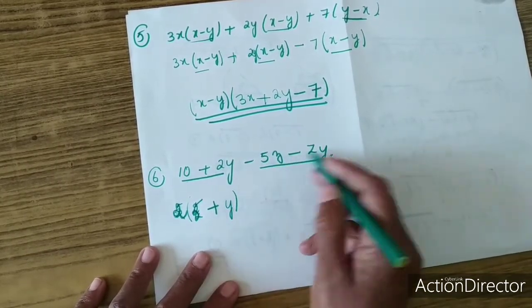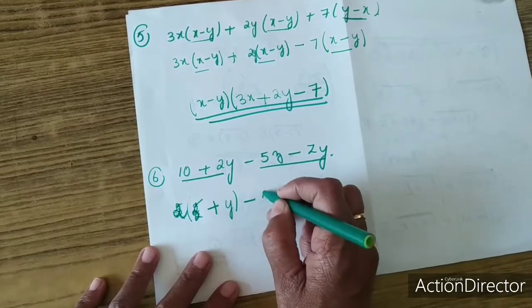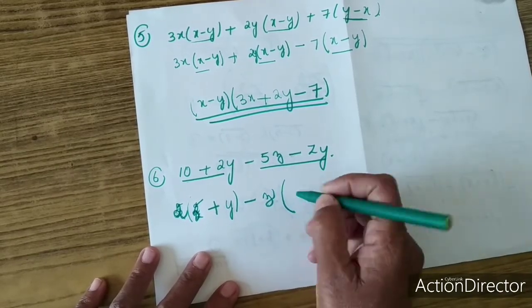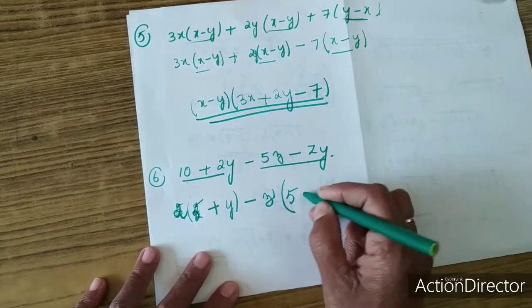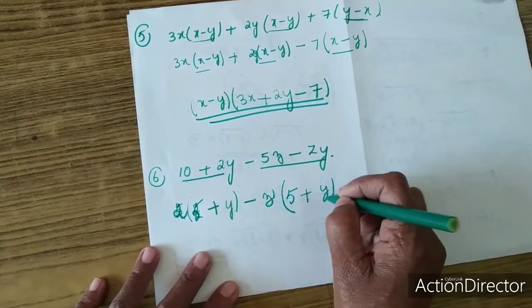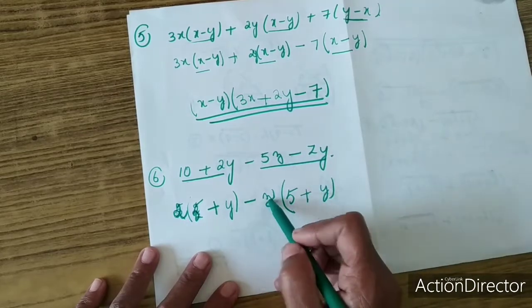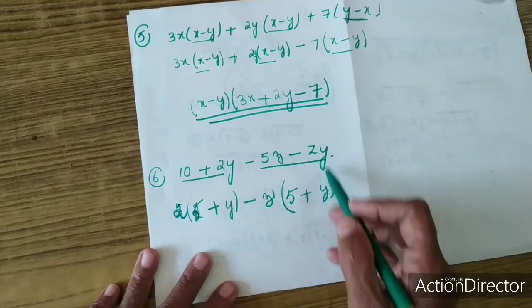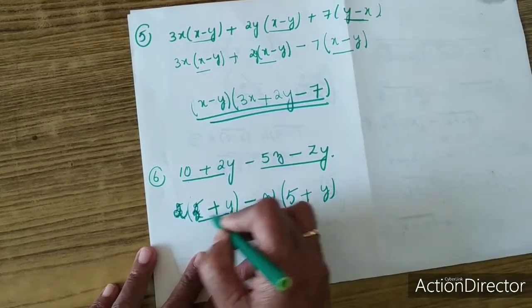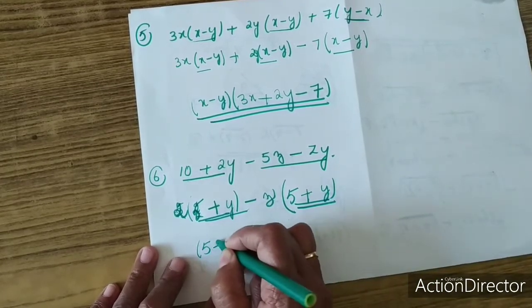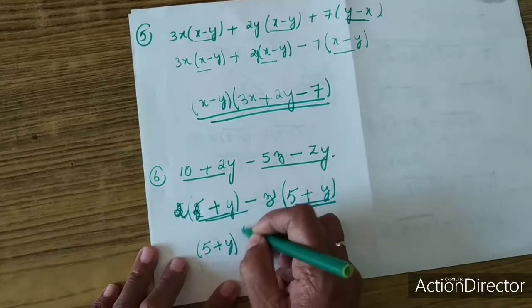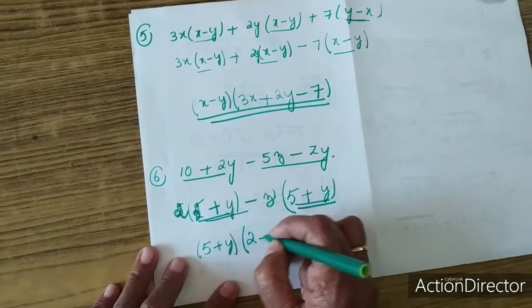Similarly, if I compare these two, minus z I can take as HCF, and inside the bracket each term divided by HCF will give me 5, and here plus y. So here you should remember minus zy divided by minus z will give me plus y. So 5 plus y is the HCF again. 5 plus y into 2 minus z.